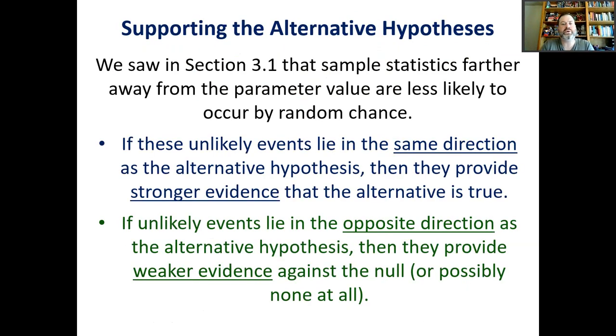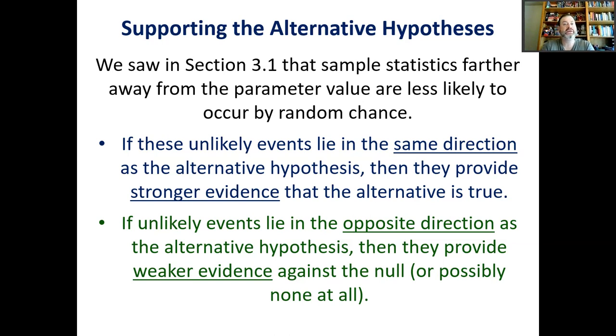So we saw in section 3.1 that sample statistics farther away from the parameter value are less likely to occur by random chance. If these unlikely events lie in the same direction as the alternative hypothesis, then they provide stronger evidence that the alternative is true. That's what we saw with the caffeine and finger taps, right?